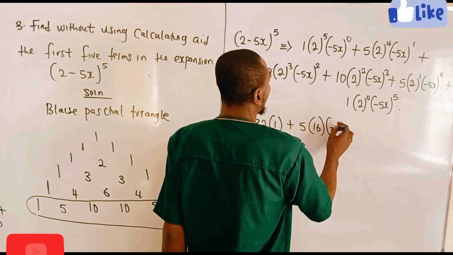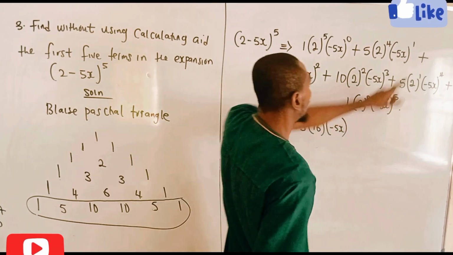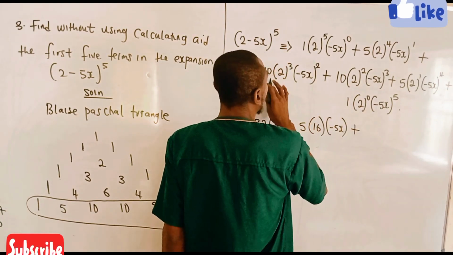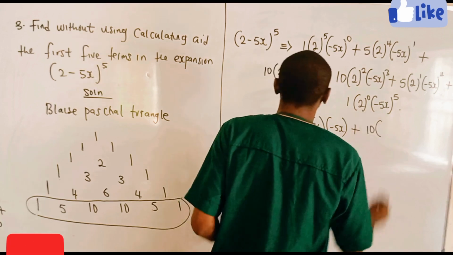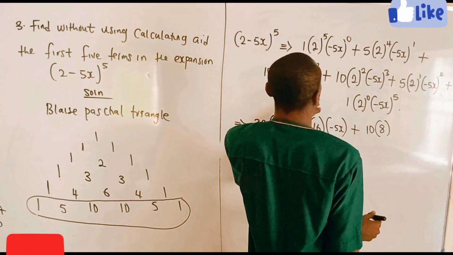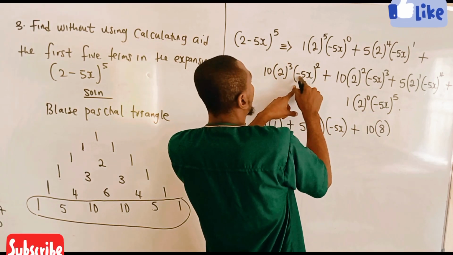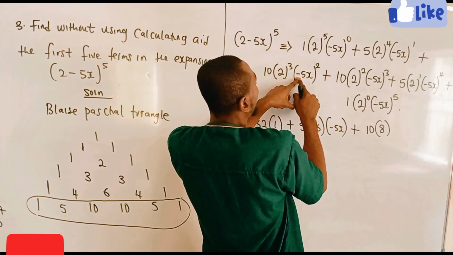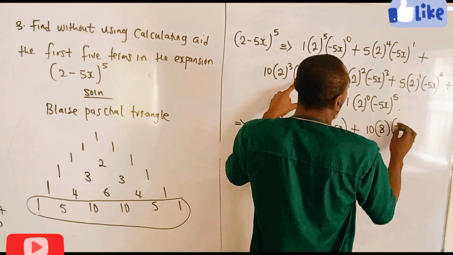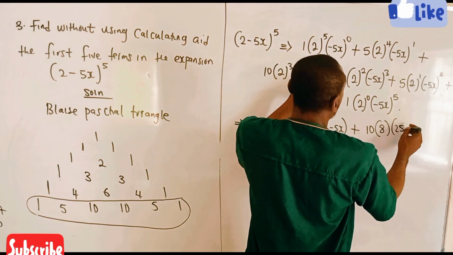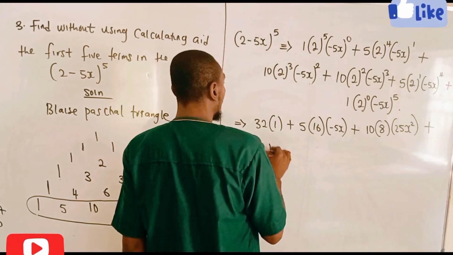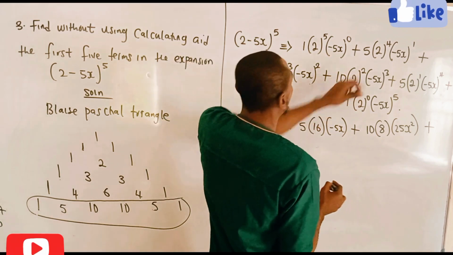Everything multiplied by minus 5x, because minus 5x raised to the power 1 is still minus 5x, plus 10 into 2 raised to the power 3 is 8. Then minus 5x raised to the power 2, of course, the square of negative is positive. Minus 5 raised to the power 2 is plus 25. So we have 25, then x squared is still x squared, plus 10 into 2 raised to the power 2 is 4.